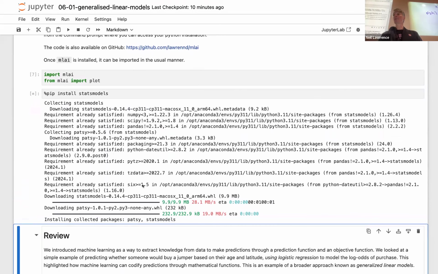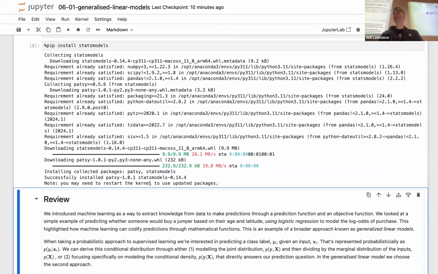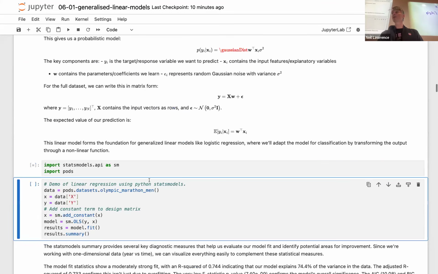So now we're installing the statsmodels package, right? It's got some dependencies, as you might expect. And what that's going to do is now allow us to do this fit directly.